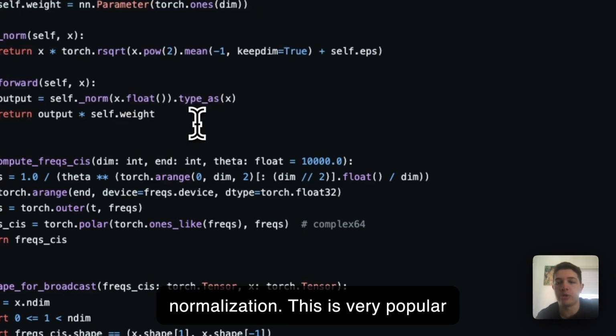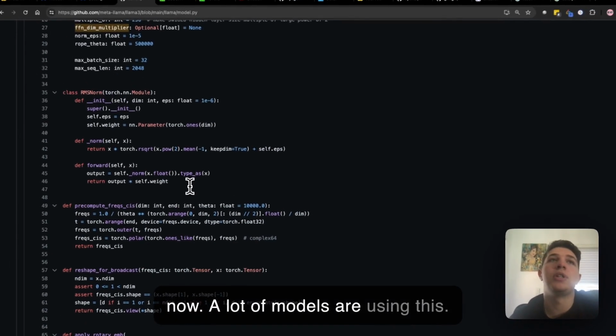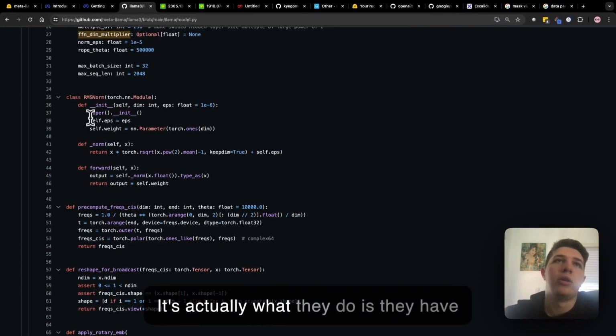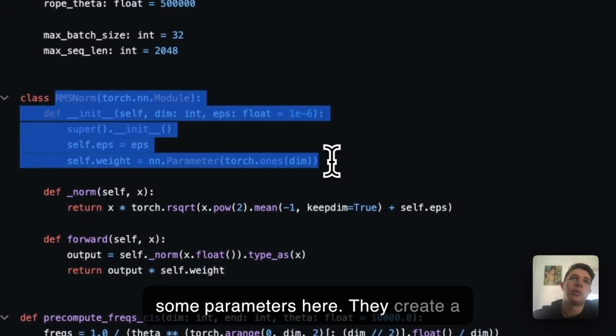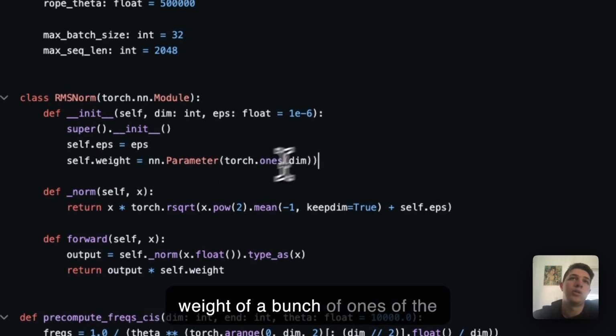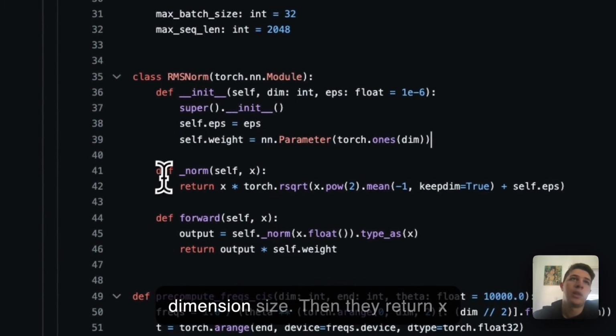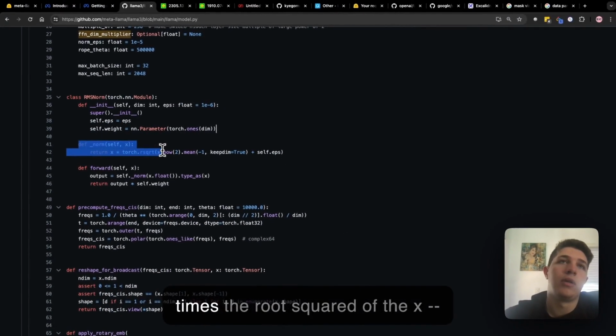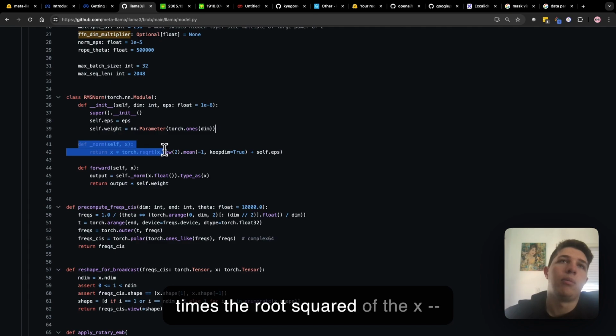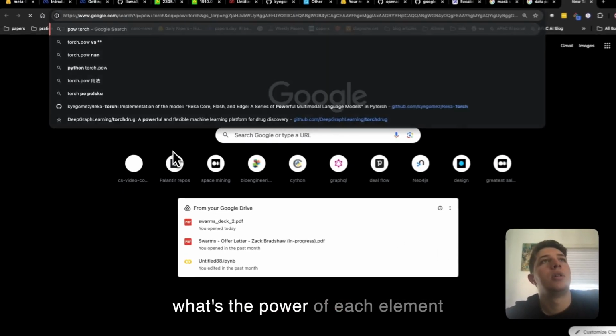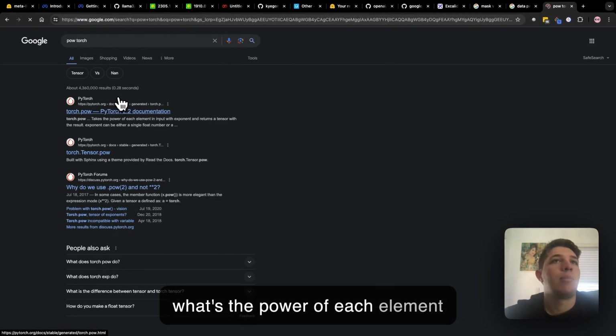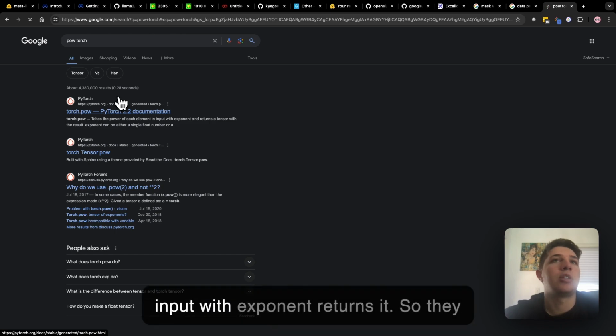So the first class here is the RMS normalization, root mean squared normalization. This is very popular now. A lot of models are using this. Essentially they have some parameters here. They create a weight of a bunch of ones of the dimension size. Then they return x times the root of the x, what's power? The power of each element input with exponent returns it.